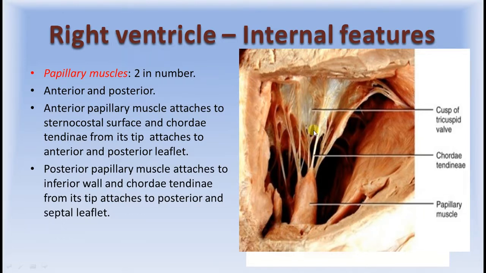So the rough part approximates with the atrial surface of the adjacent cusps. They also prevent the inward turning of the cusps. The cusps should not get turned inward towards the atrium, as that also will lead to defective closure of these valves.